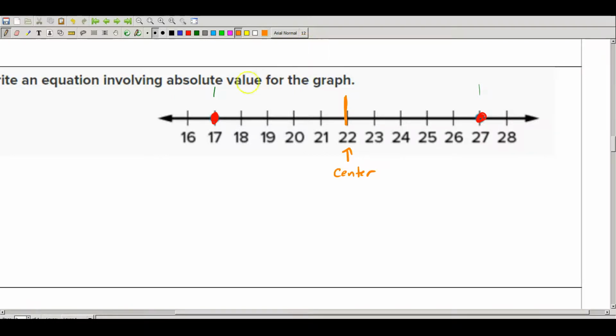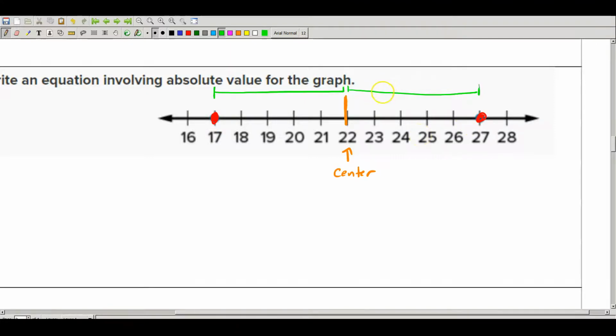And so these two points, 17 and 27, the thing that relates them is that they are equidistant, or they have the same distance to 22 as the other one. So you think about the center, which is 22. Now, if I was standing at 22, that means that both the answers 17 and 27 would be the same distance away from me.